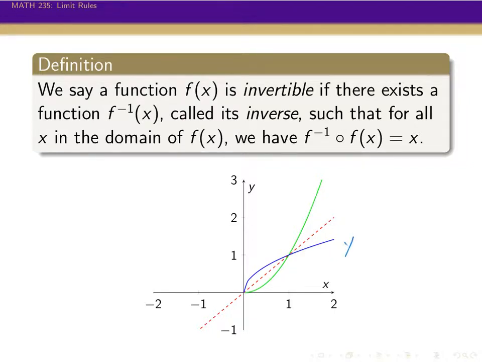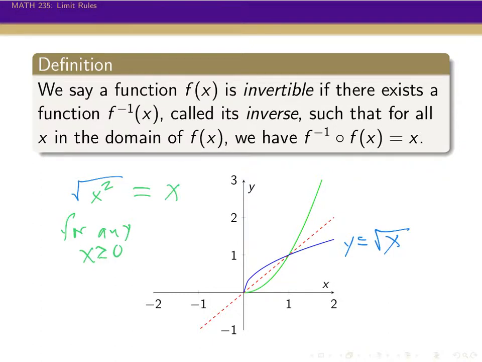And this function just happens to be, how do you undo squaring? Well, you take the square root of that function. Okay, and so at the end of this, if I take the square root of x squared for any x greater than or equal to 0, the square root and the x squared cancel themselves off.